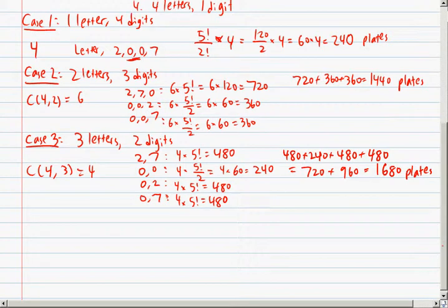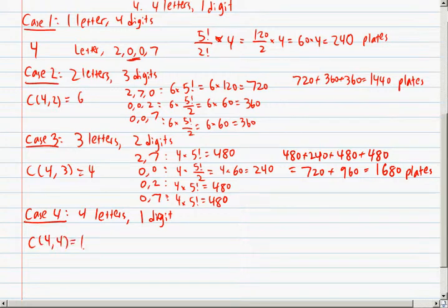Now let's move on to our final case, case 4, with 4 letters and 1 digit. If we have 4 letters and 1 digit, obviously we have to use all 4 letters, so there's only one way to do this.